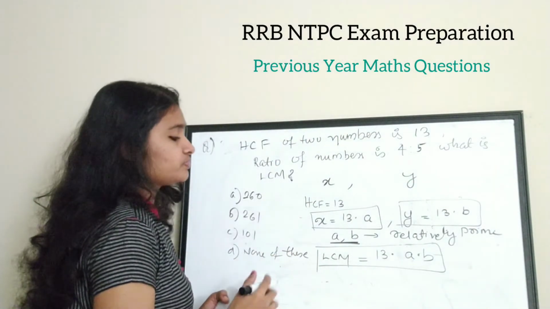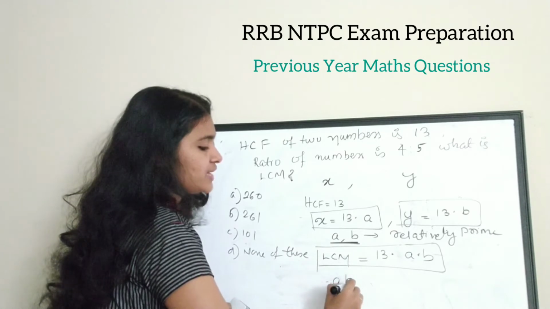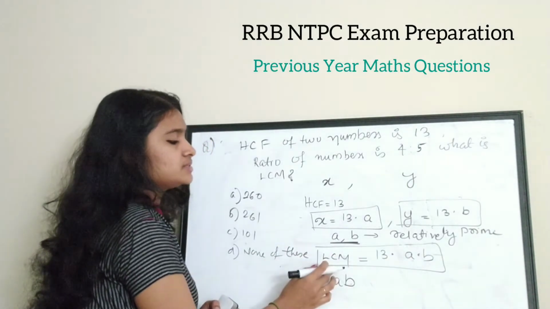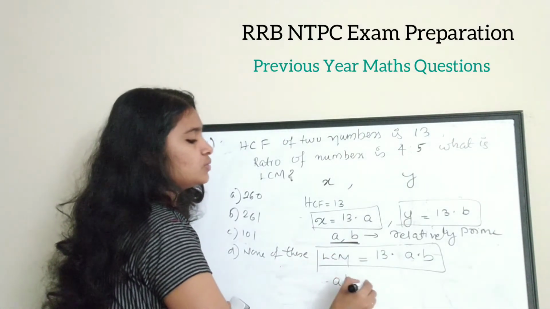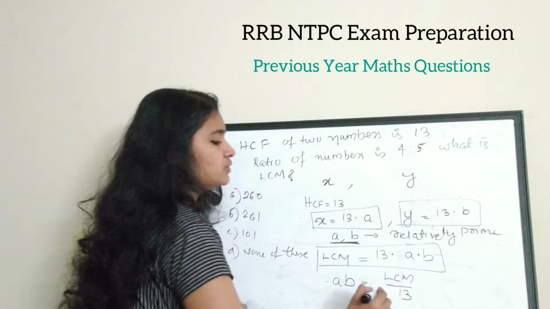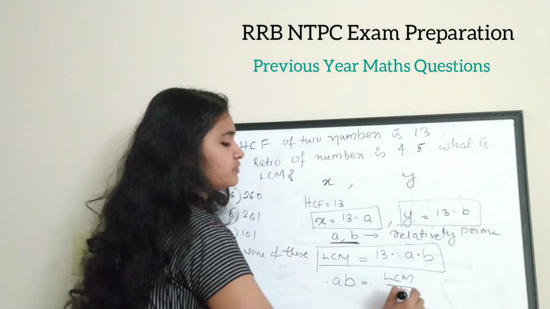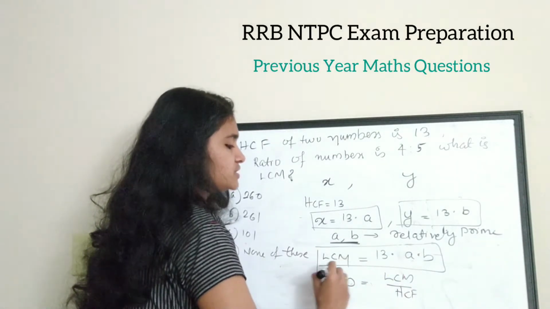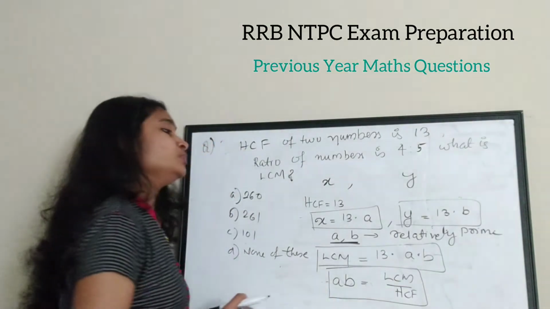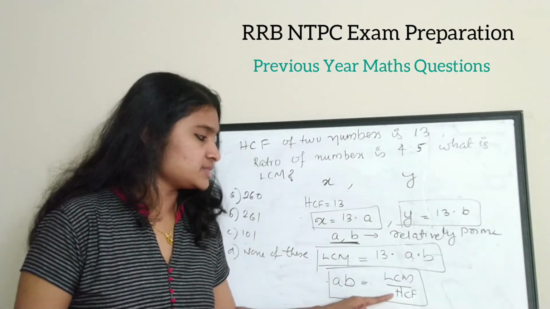And now if you have to find the product AB from this term, what will be AB? AB equal to LCM by 13 or LCM by HCF, right? So here the HCF is 13, so that's why we are writing it as 13. But in general, it will be HCF only.